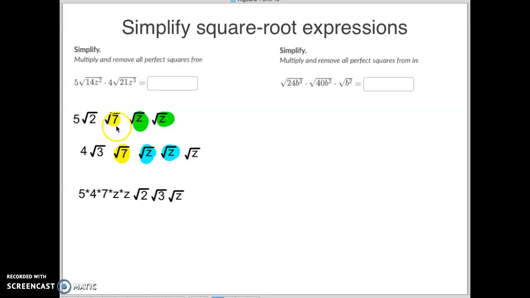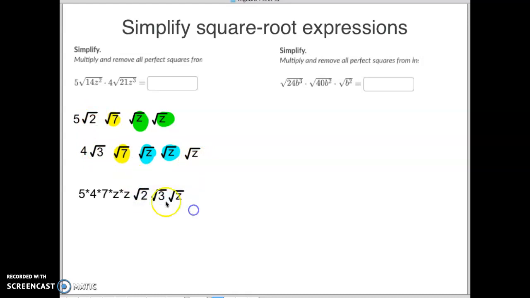These two 7s, which are identical, make a real 7. These two green z's make my first z, these two blue z's make my second z, and the things that did not match up perfectly were my square root of 2, my square root of 3, and my square root of z, and you can see I just put those right here.